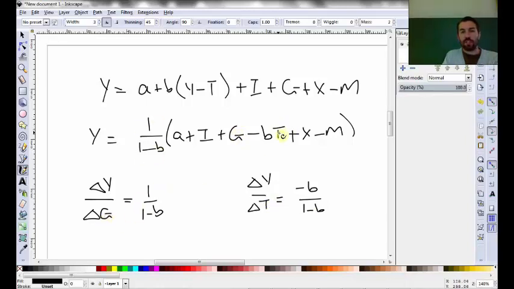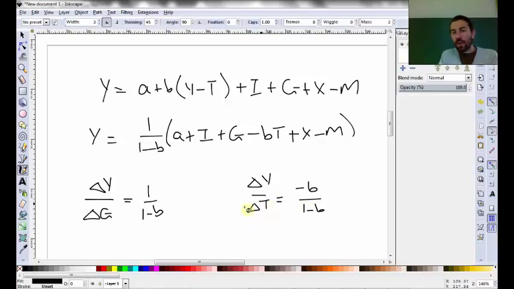The coefficient on t is 1 over 1 minus b times negative b, which is negative b over 1 minus b. So this is the government spending multiplier, and this is the tax multiplier. When we change taxes by some amount, we change output by some amount, and the amount by which output changes is a multiple of what the tax changes.